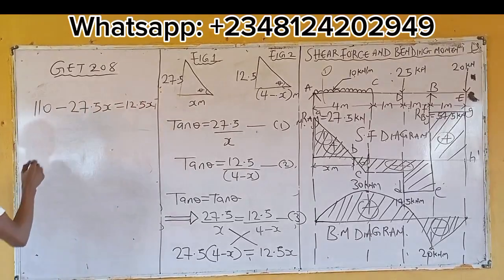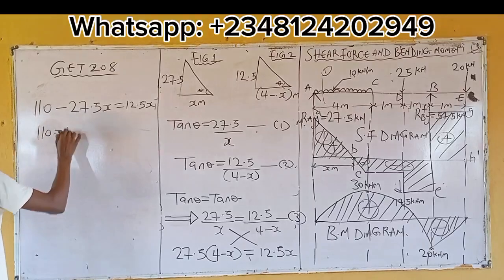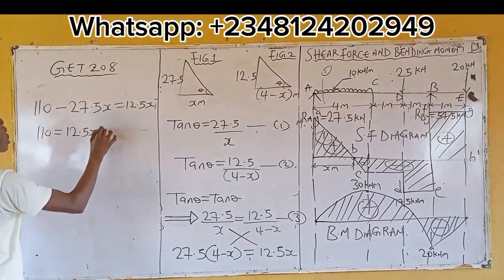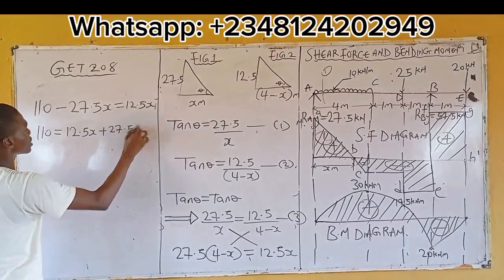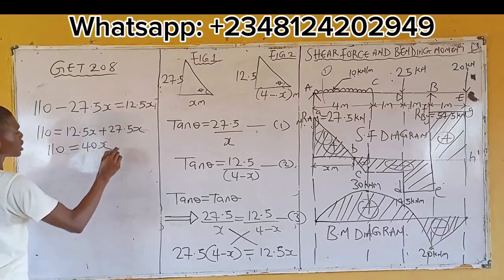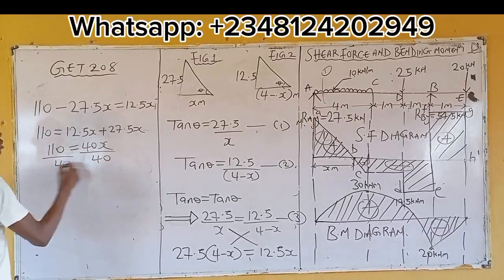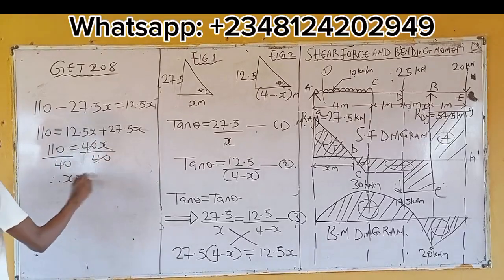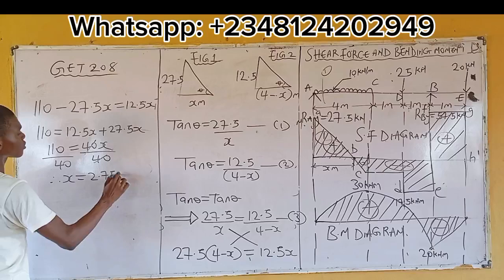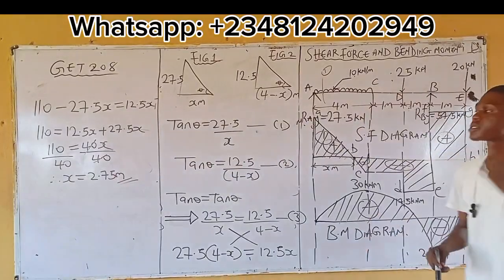From here, collect like terms: 110 equals 12.5x plus 27.5x, so 110 equals 40x. Divide both sides by 40. Therefore, x equals 2.75 meter.